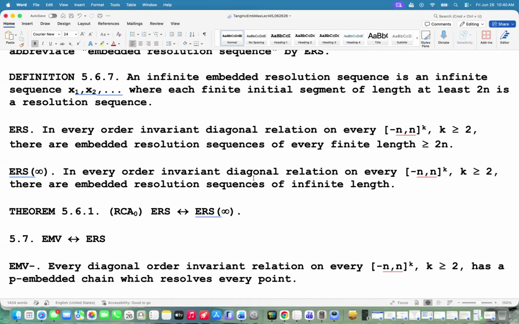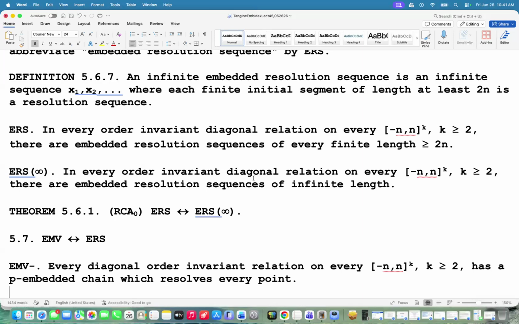And if you look through the definition of p invariant maximal chain, you see that when you apply weak Koenig's lemma, or compactness, you wind up with this ERS infinity.